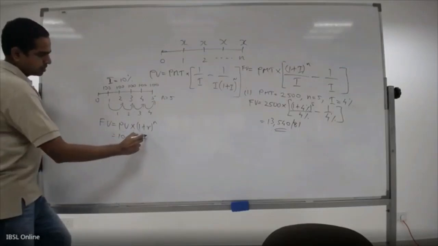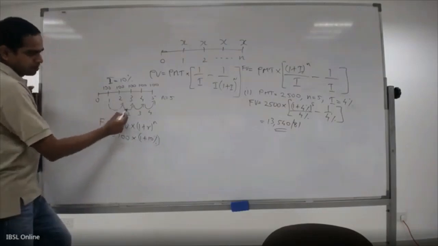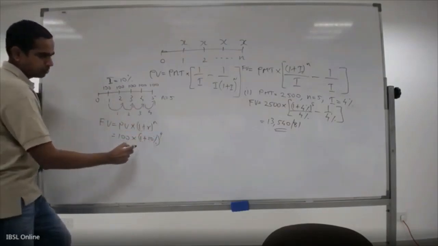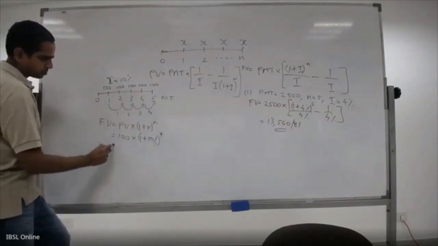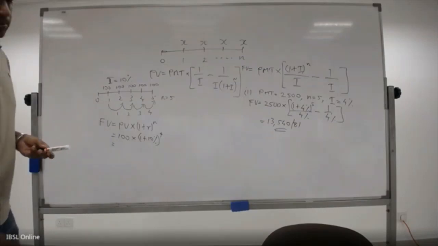Into 1 plus r, r is 10%. So it gets compounded 4 times, into the power 4. That is $146.41.